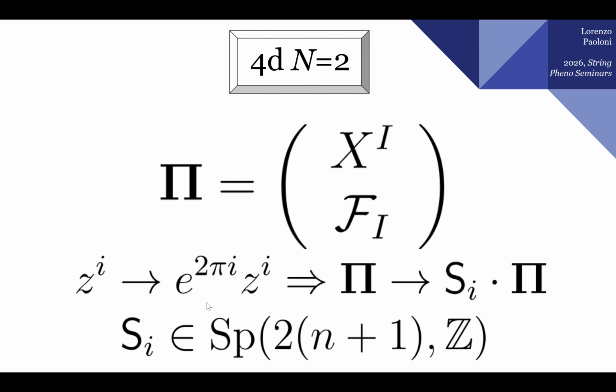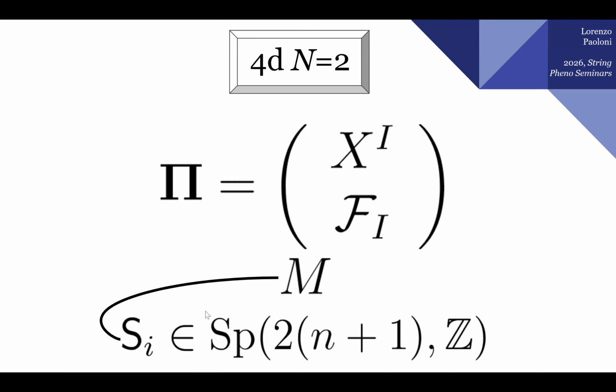We are interested in the monodromy transformations. What I just said simply means that for each of these transformations on the coordinates of the moduli space, the period vector will be rotated by a symplectic transformation. And composing these symplectic transformations, we obtain what is called the monodromy group of the theory.